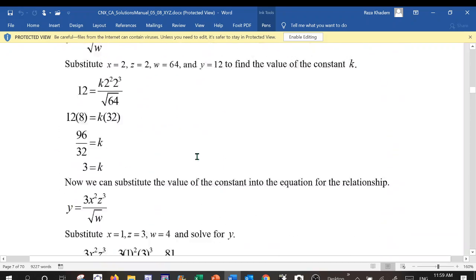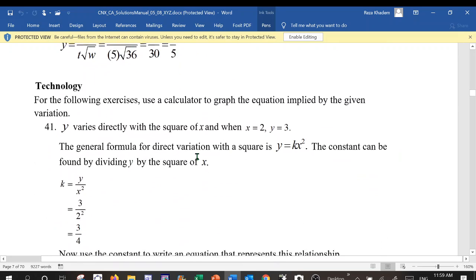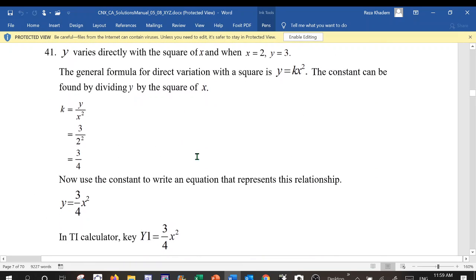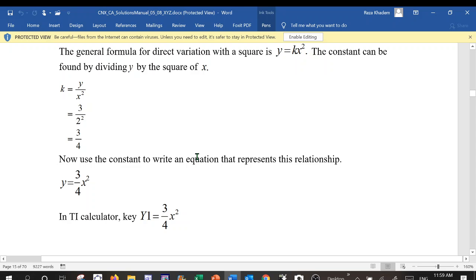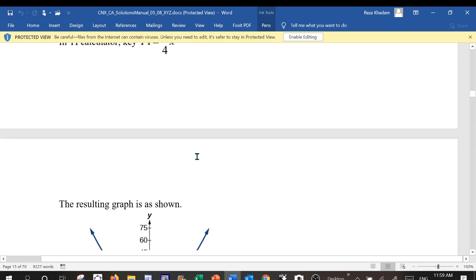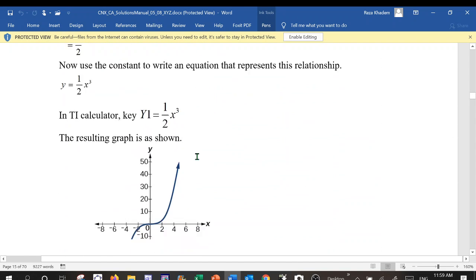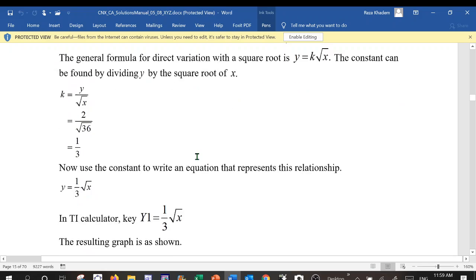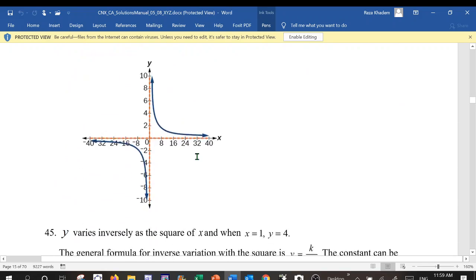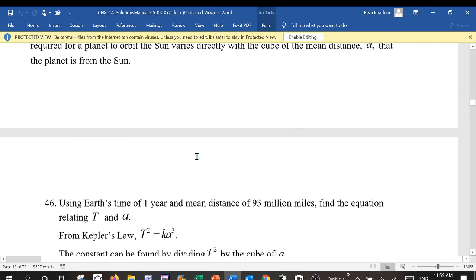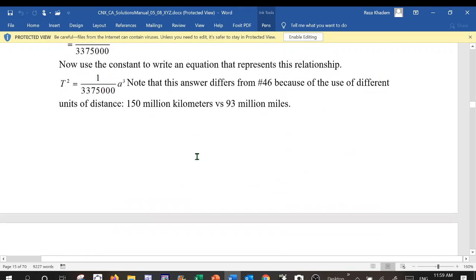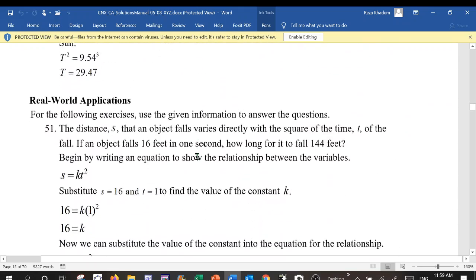What are the applications? Technology. Application. Here you go. 50. Let's go to 51. Very well.